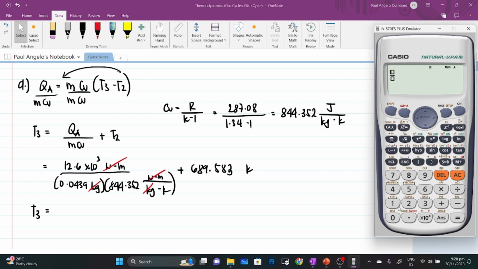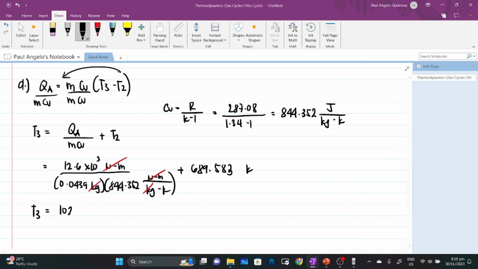We have 12.6 kilo divided by 0.0439 times 844.352 plus 689.583. Okay? So we will have 1029.507. So that is in Kelvin.